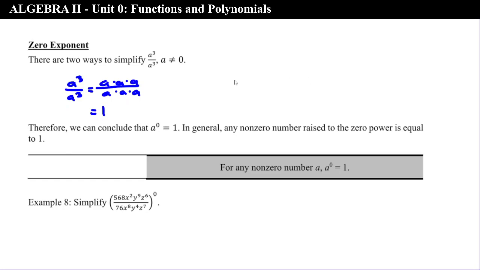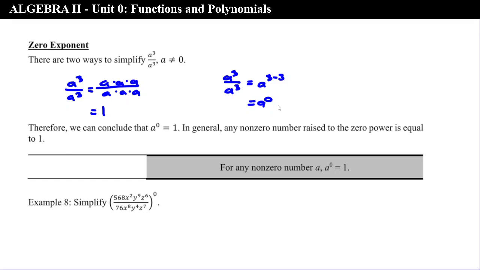But we have also just learned some rules that we can use. So let's look at it using those. A to the third over a to the third. Well, that's the quotient rule, so we can use that to do a to the 3 minus 3. And a to the 3 minus 3 gives us a to the 0. Well, we have just found two ways of writing a to the third over a to the third.